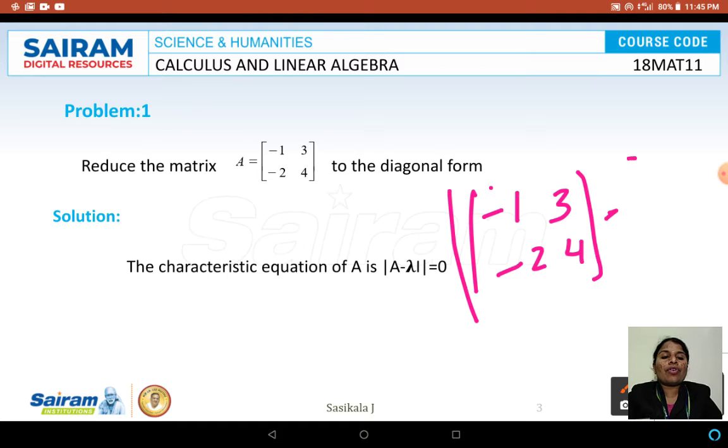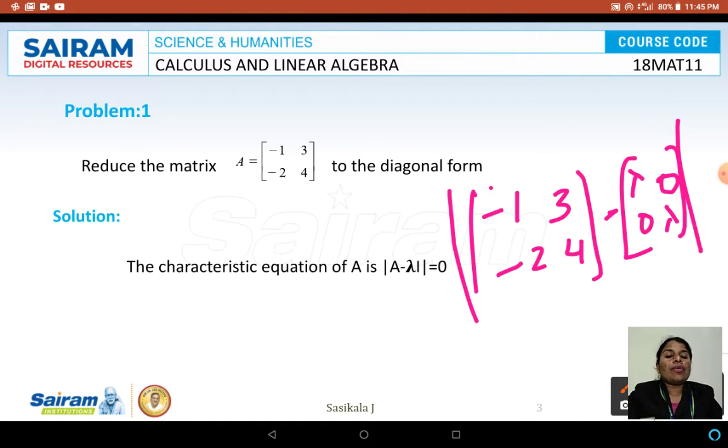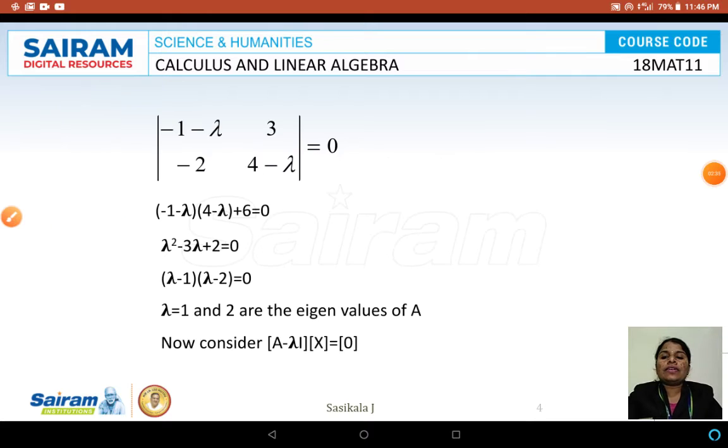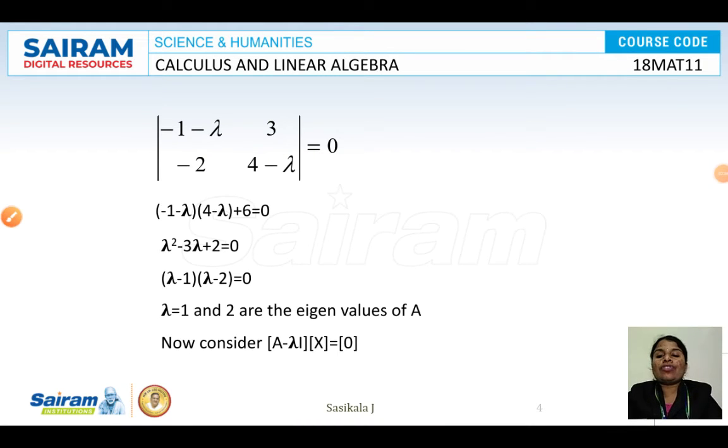Then take minus lambda inside by scalar multiplication, you will have lambda 0, 0, lambda. Now these two you are supposed to subtract, each element from the respective element of the other matrix. So what you will have is the determinant of 1 minus lambda, 3, minus 2, 4 minus lambda equal to 0.